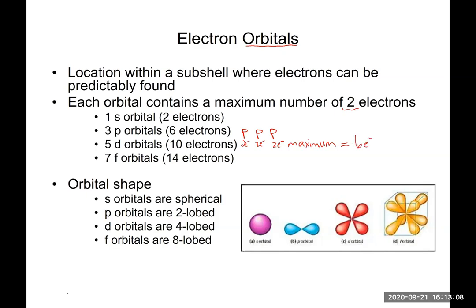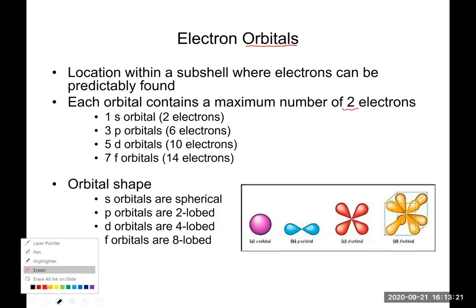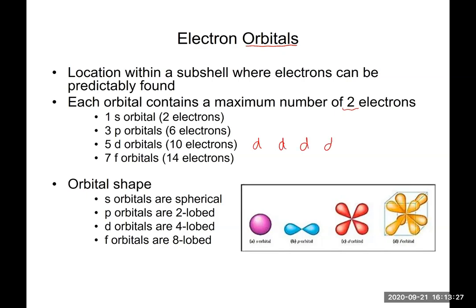If we look at the d orbitals now, we have a total of 5 d orbitals. That means we have 2 electrons for each d orbital, giving us a total of 10 electrons for d orbitals.